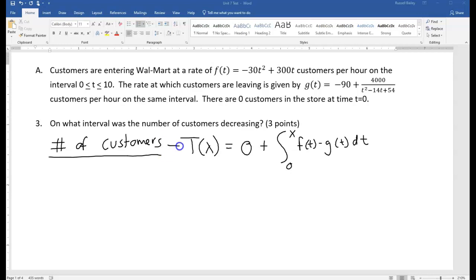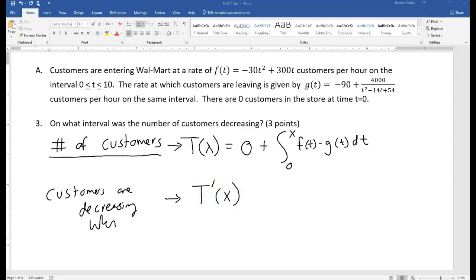So if this is the function that tells me how many people there are, the customers are decreasing when t prime, which is equal to f of x minus g of x, is less than 0.